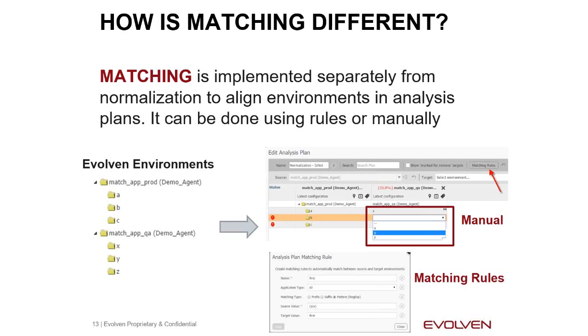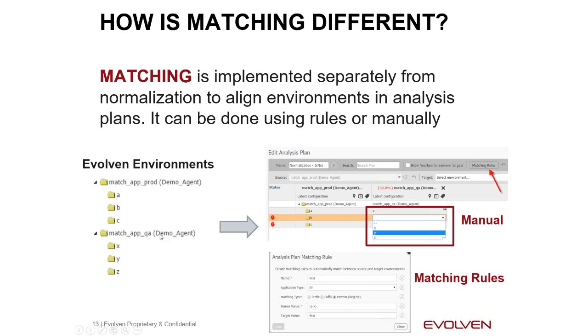So let's take a look at an example here. On the left side, I've got 6 environments. We have a folder and then 3 subfolders. And then here we have the same story, another folder and then 3 subfolders. And what we're trying to do is compare this match app prod with match app QA.